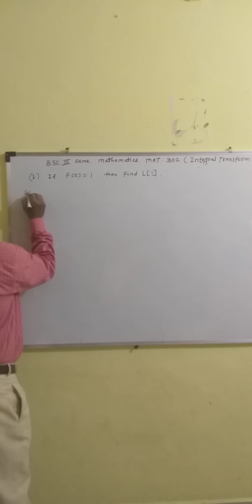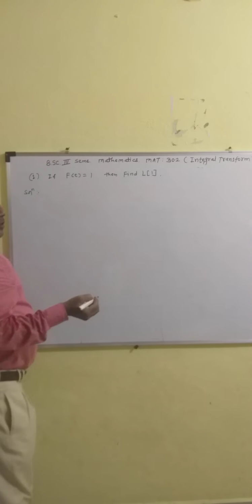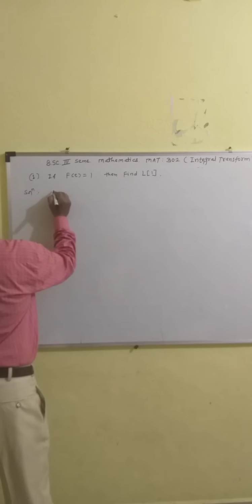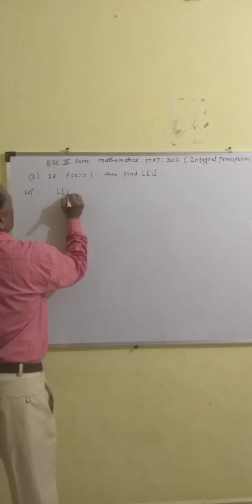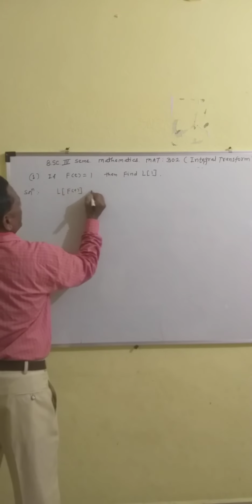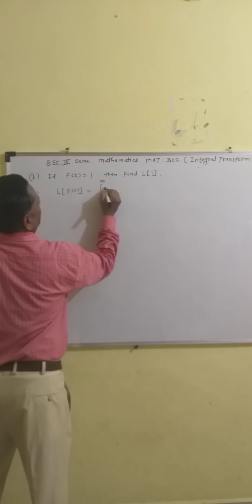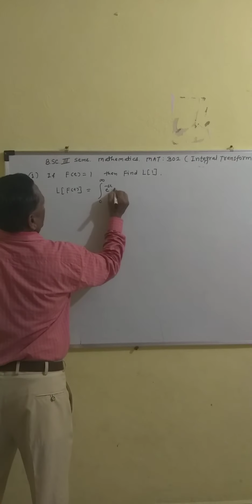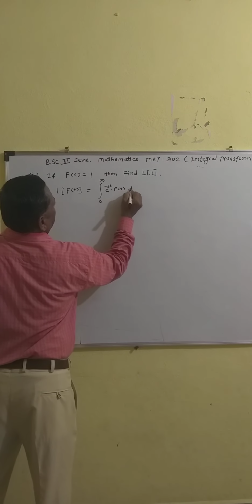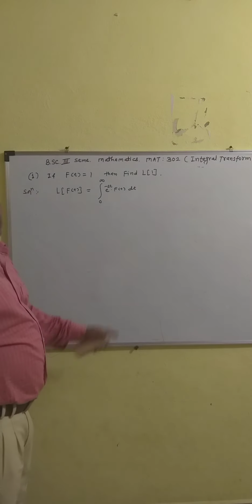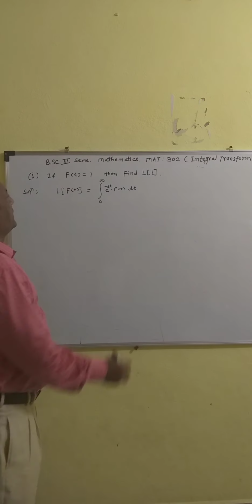Solution: we know the definition of Laplace transform, that is, the Laplace transform of f of t is equal to the integration going from 0 to infinity e raised to minus st into f of t dt. Here we have taken s as the parameter.